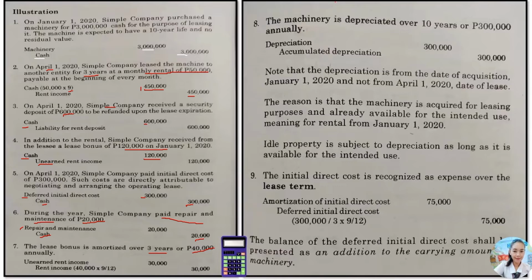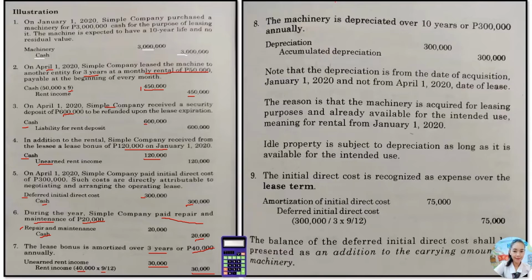Now, since the rent to another entity commenced in April, that would be April to December, so that's 9 months. So 40,000 times 9 over 12, that is 30,000.